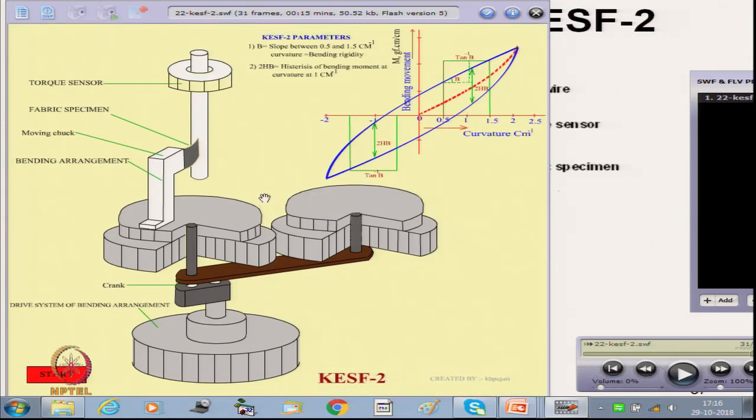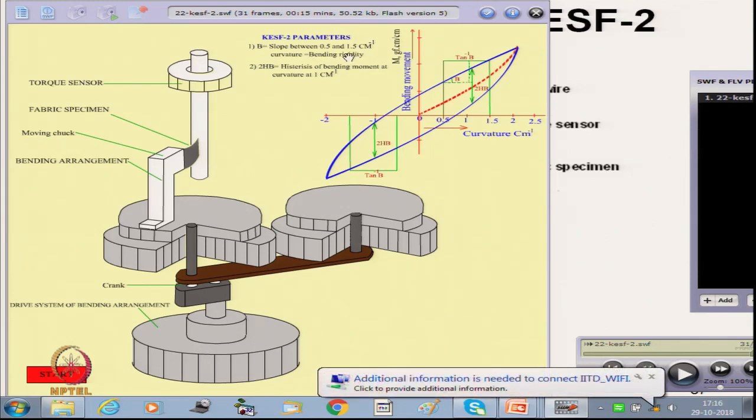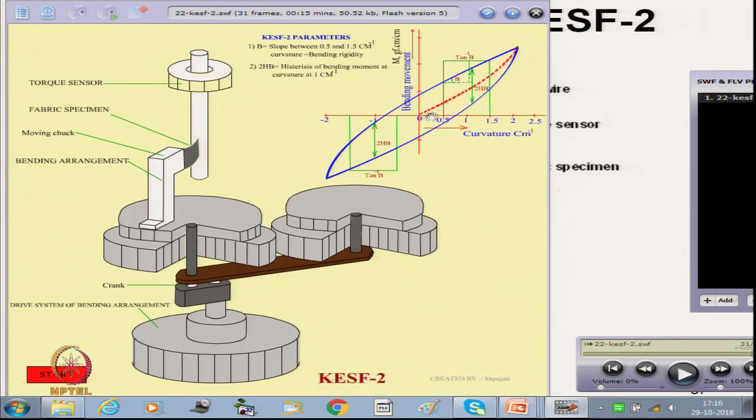From here we can calculate the slope B, the bending rigidity B, which is the slope between the curvature of 0.5 to 1.5. So, within 0.5 to 1.5, the slope if we take, it is called the bending rigidity.